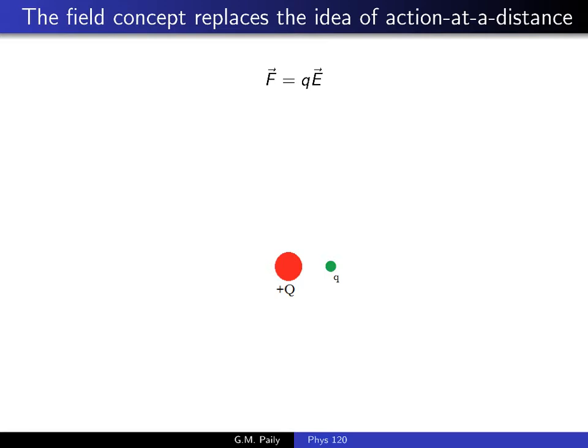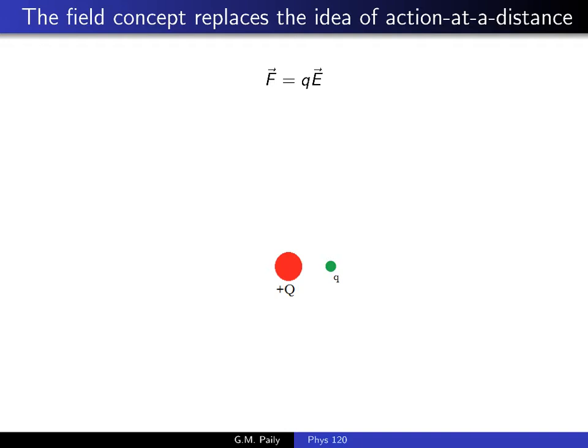But now, with the idea of the field, it's a different situation. What happens is, when we move the green charge, the field around it changes. This change in the field is a disturbance that propagates outward, a wave in the field, if you like, or a pulse.